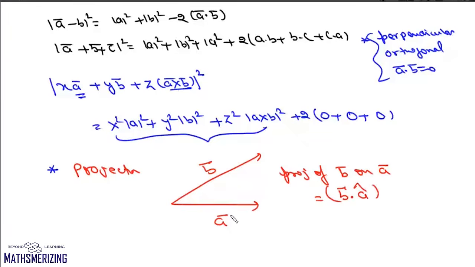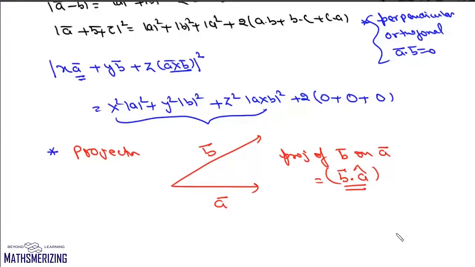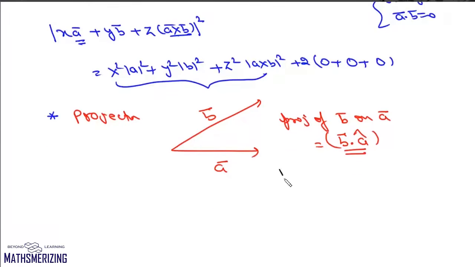So we have to find A cap and then take the dot product of A cap with B, and this is how we find the projection of B on A. Now this projection can be positive and it can also be negative depending on the directions of A and B. And suppose we are given the projection length, then the projection length will be given by mod of B dot A cap.